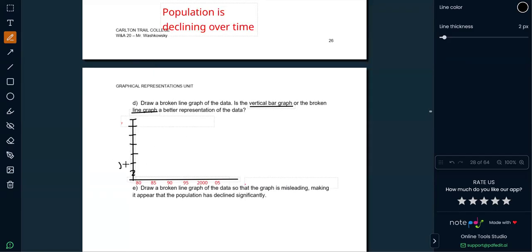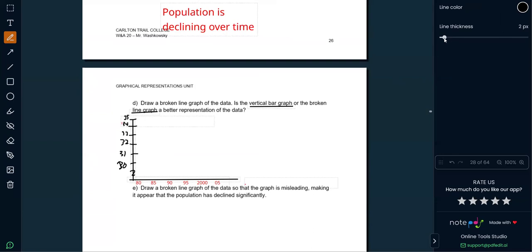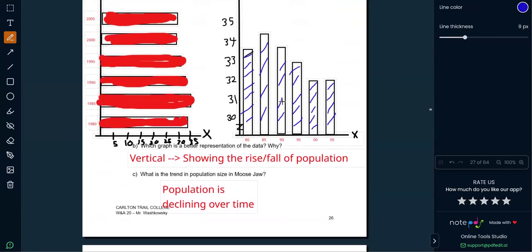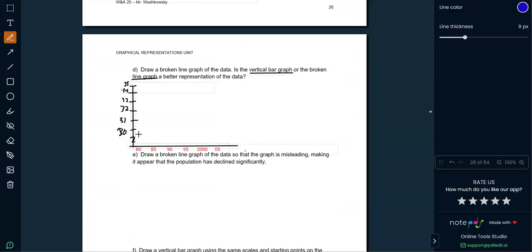So this was 30, 31, 32, 33, 34, and 35. And same thing, we'll make this one blue. In 1980, it was 33.5. So go to 1980, go to 33.5.